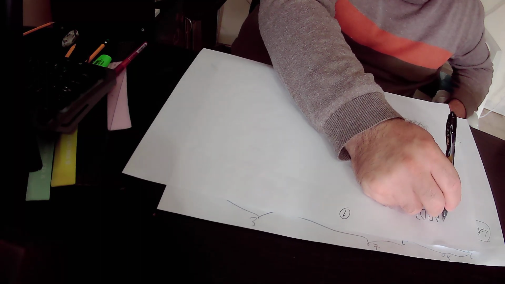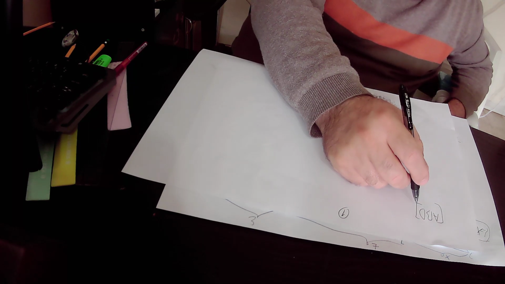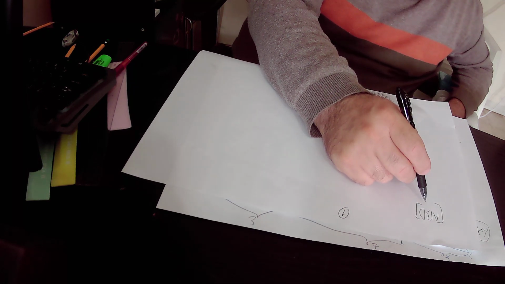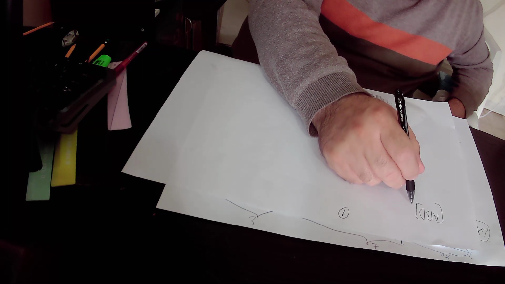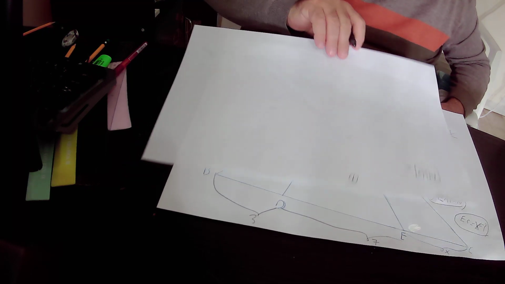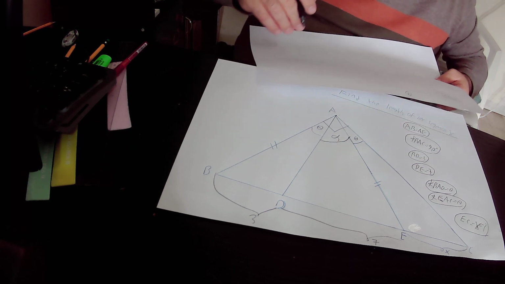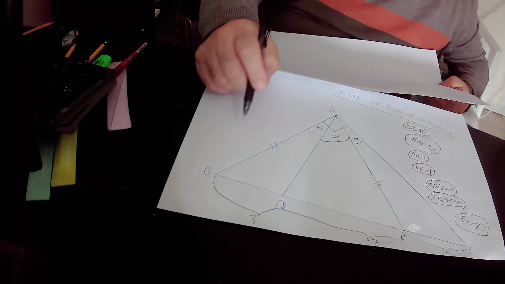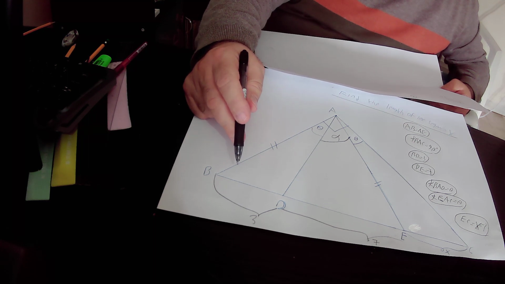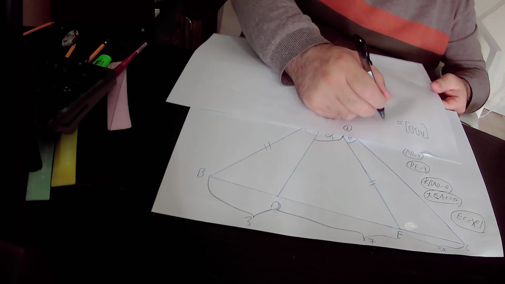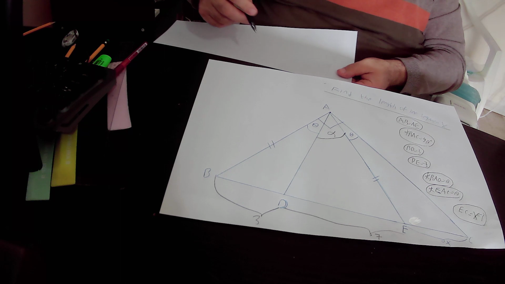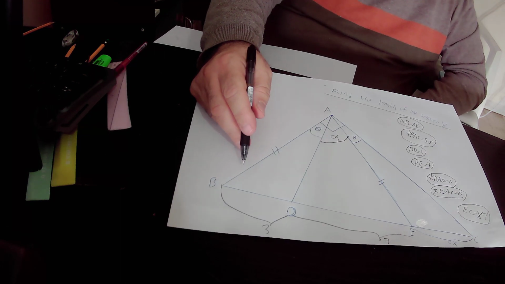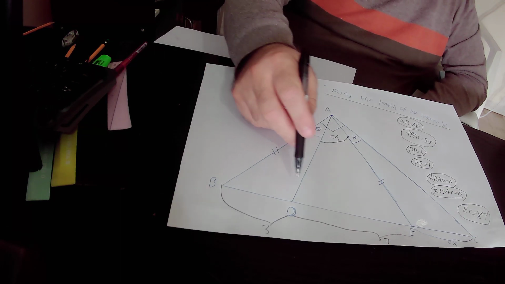Here, the squared brackets is the sign for the area. It means the area of triangle ABD will be equal to the base of the triangle, that is actually BD, and the height to the base BD must be perpendicular to the base BD.